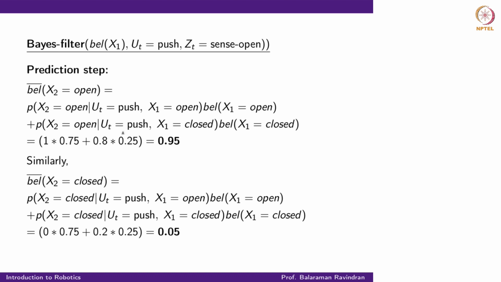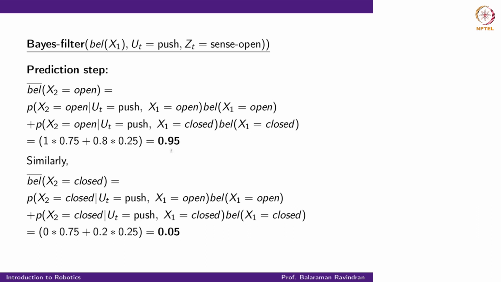The push action is fairly reliable, so even when the door is closed, there will be a 0.8 probability that it will end up being open. So I take the first one, probability 1, times my current belief that x1 is open, which is 0.75, plus 0.8 times 0.25. I evaluate this, I get a value of 0.95.